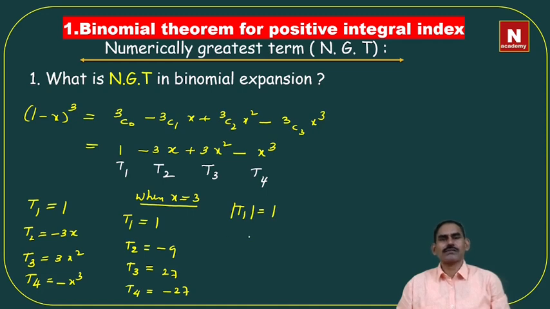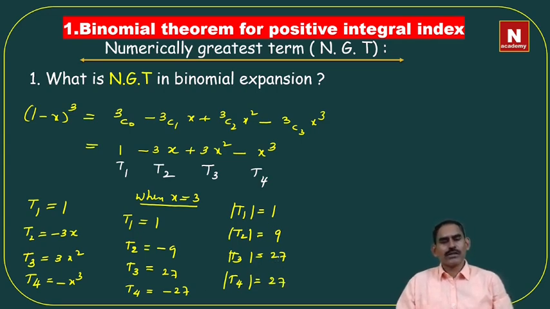Modulus of t1 is 1, modulus of minus 9 is 9, modulus of t3 is 27, modulus of t4, modulus of minus 27, is 27. Here observe the numerical values. 27 is the numerically greatest term. Here 27 is contained in two terms. That means both T3 and T4 are numerically greatest terms for this given x value 3.